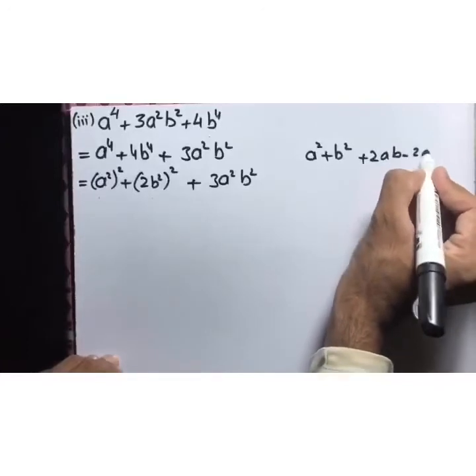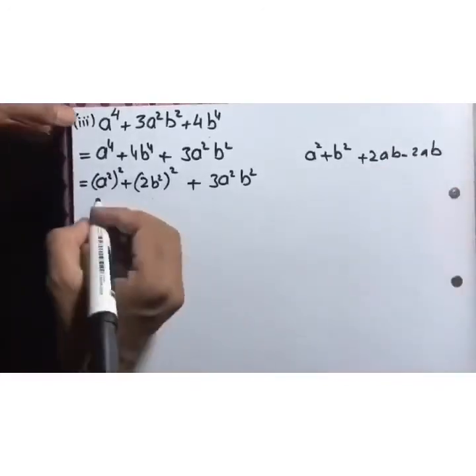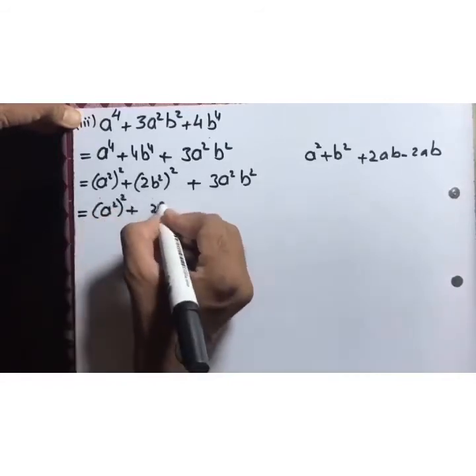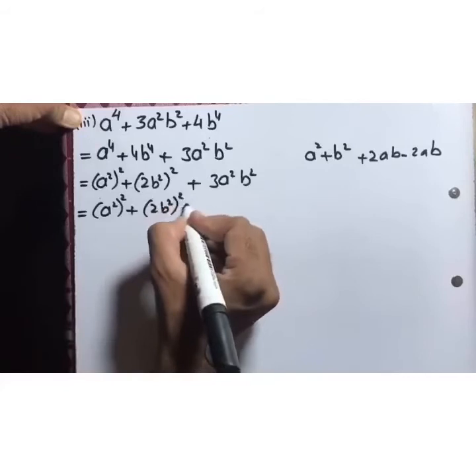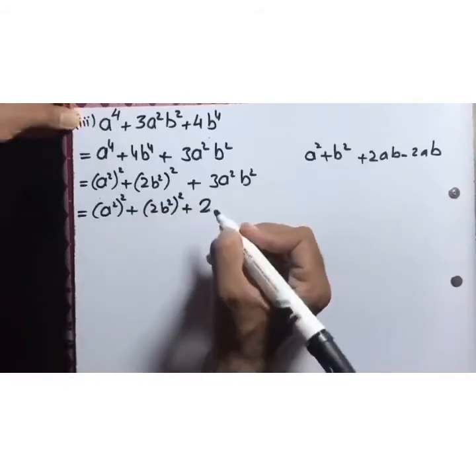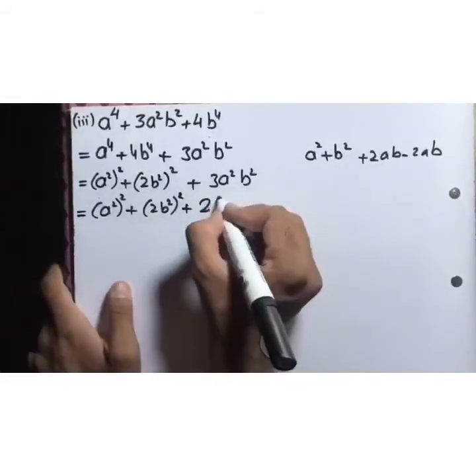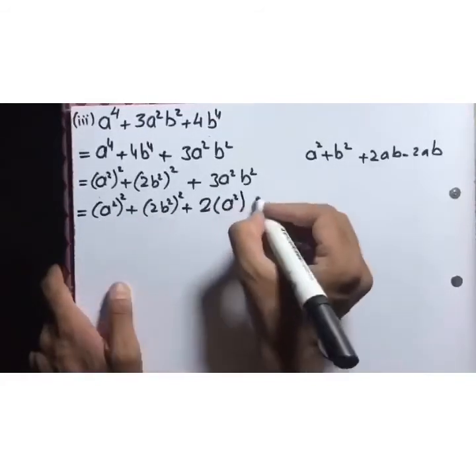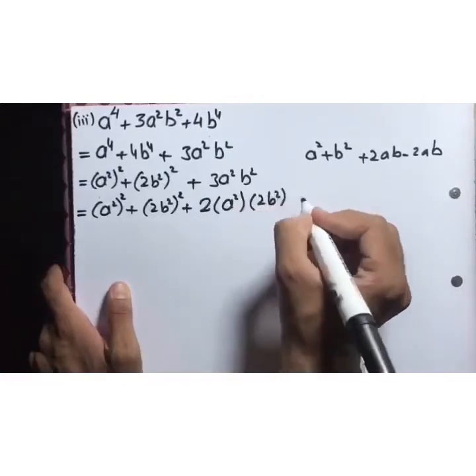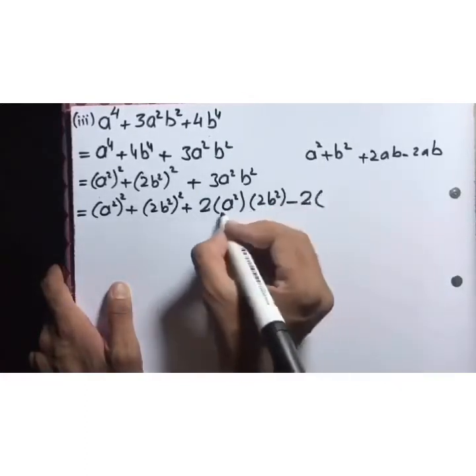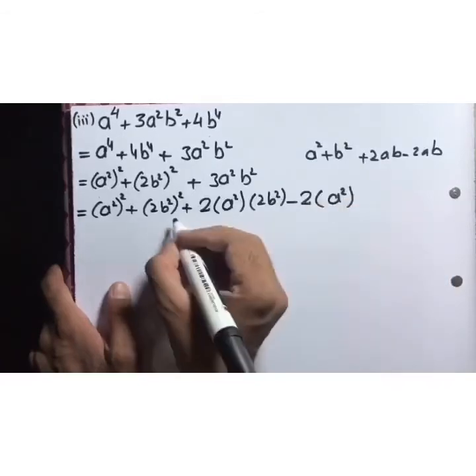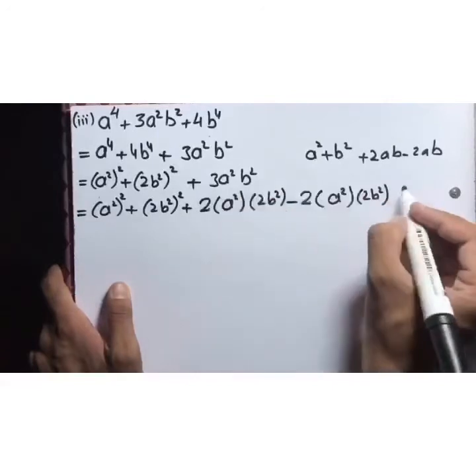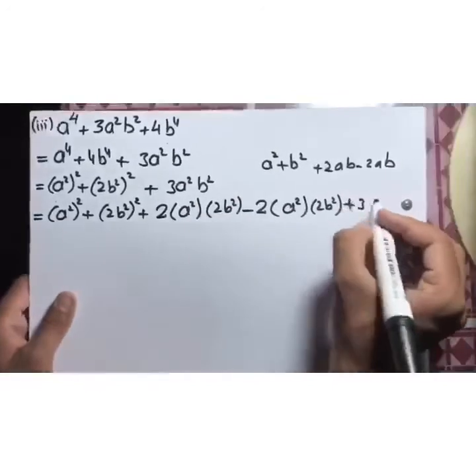So here a square whole square plus 2b square whole square plus 2, a is a square here, b is 2b square, minus 2, a is a square and b is 2b square. Remaining is 3a square b square. We write it in last.